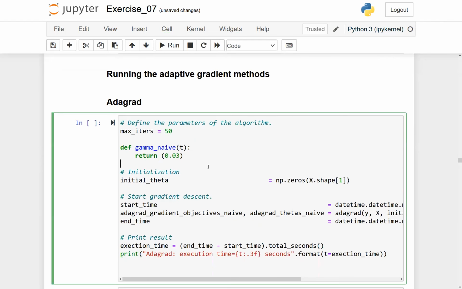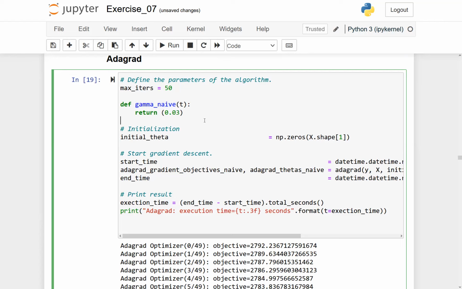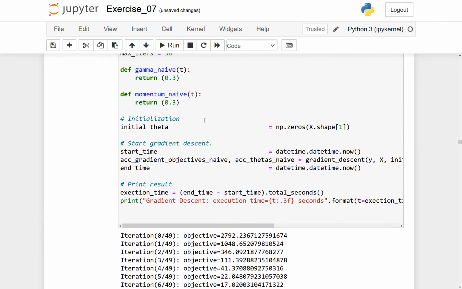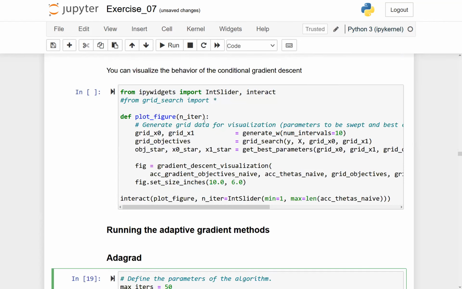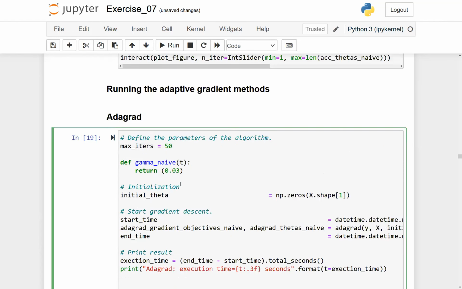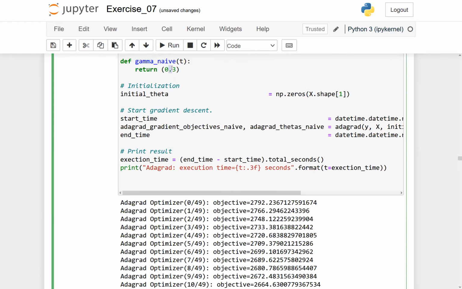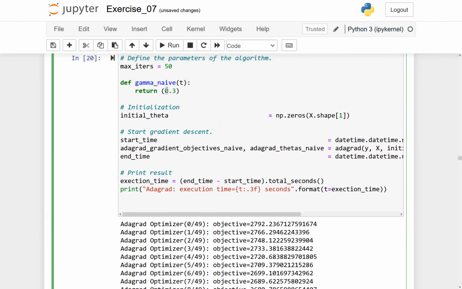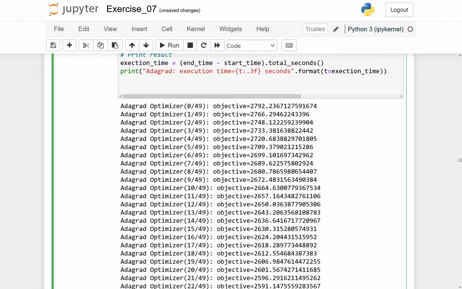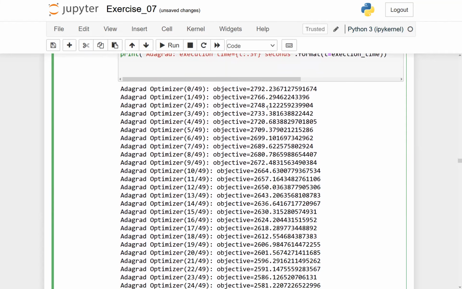And what we see for Adagrad, so we choose for the base step size gamma also the same 0.3, should it be, but this won't change that much. We use the same naive constant step size as before. Look at the Adagrad objective values, and what do we see?